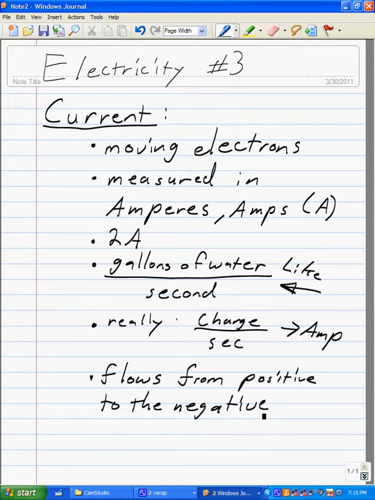So even though really in a wire it's the electrons moving, when we talk about current flow, we always talk about it as if it was positive. So we kind of look at it in a little bit of a backwards way. Not really super crucial, but just so you know, when we draw how current moves, we draw it from positive to the negative.